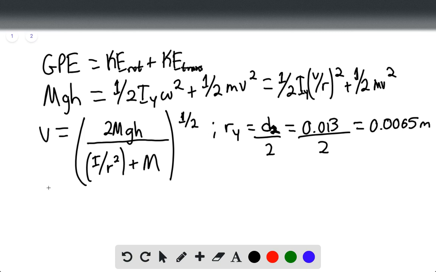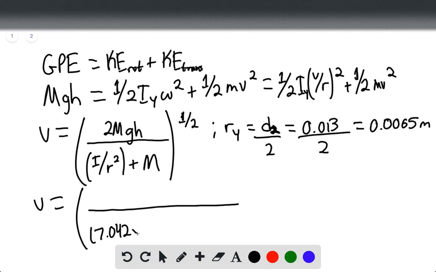So v is equaling 7.042 times 10 to the -5th, and this will be times 0.0065 squared to the -1st.